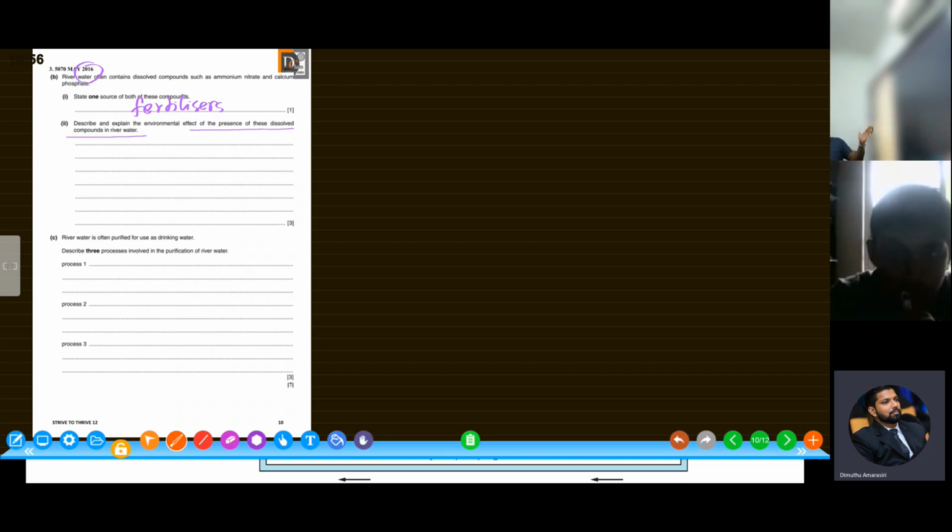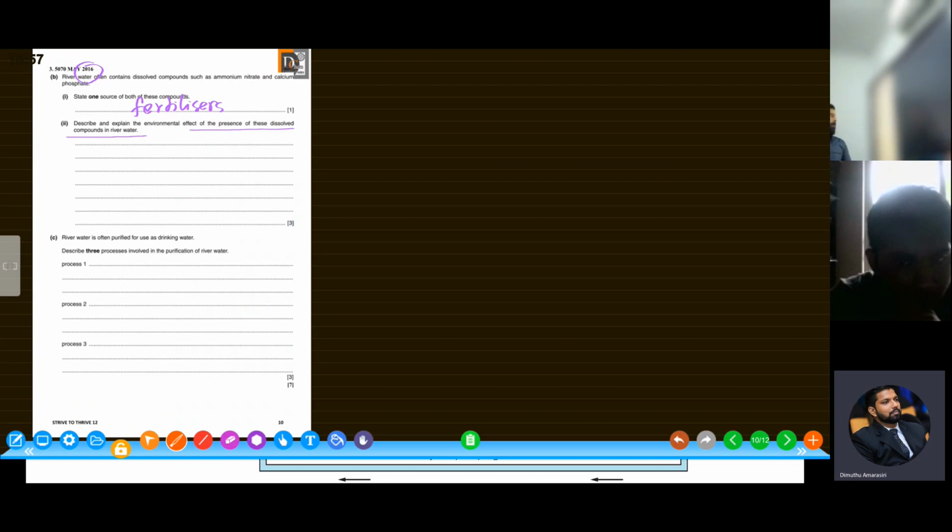Now you can write, right? Three processes involved in purification of river water. First one, coagulation and sedimentation. Second, filtration through sand and charcoal.